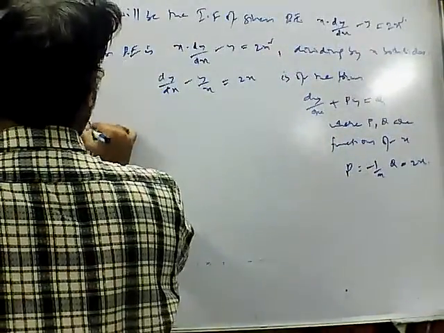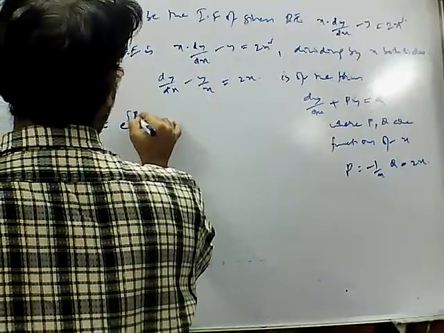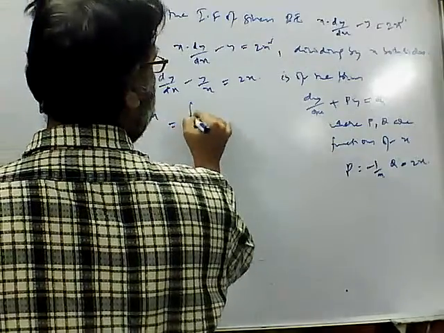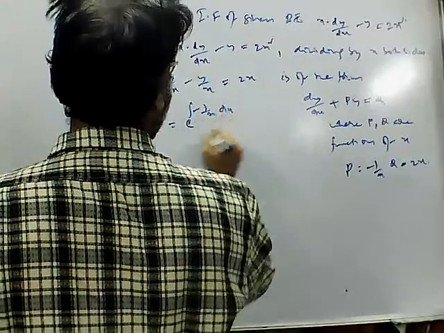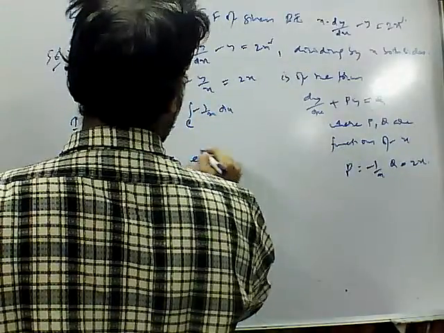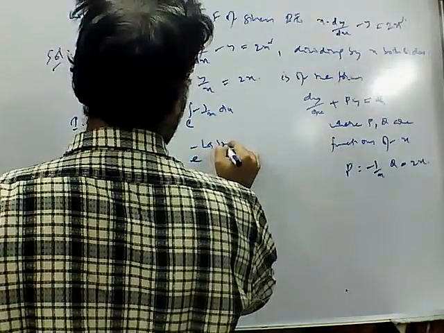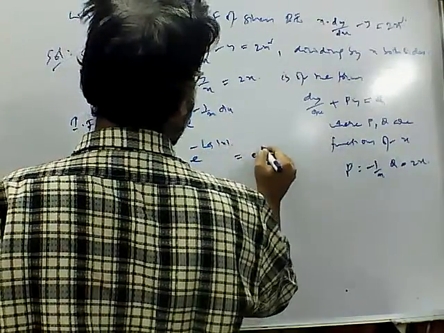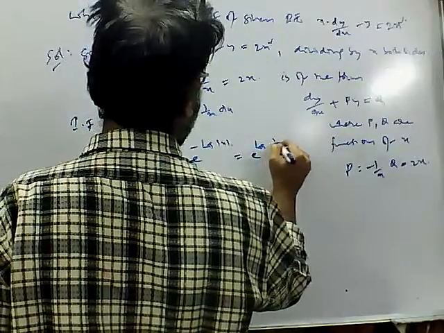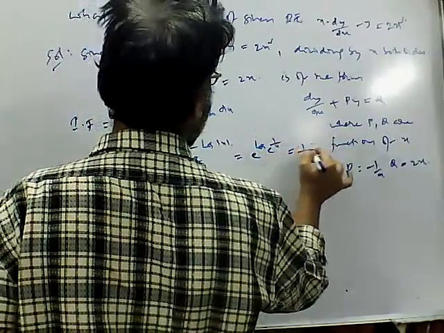So IF is e power integral p dx, e power integral minus 1 by x dx, which is equal to e power minus log mod x, that is equal to e power log 1 by x, which is equal to 1 by x.